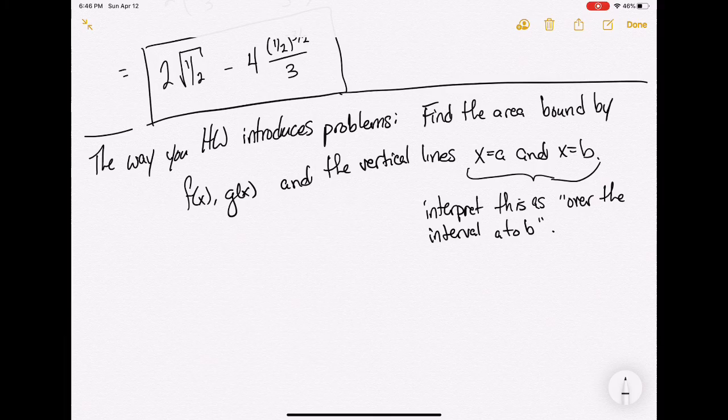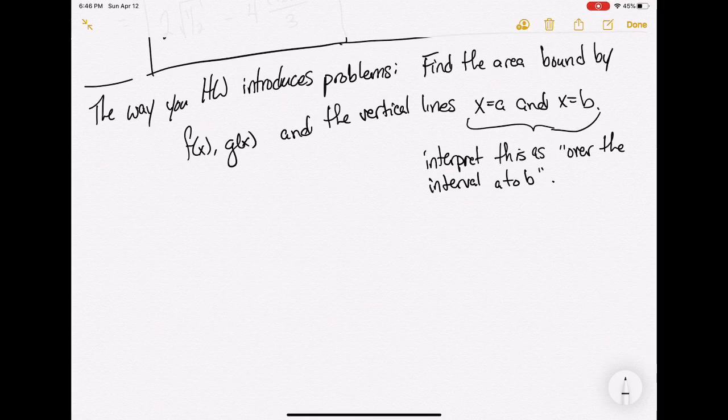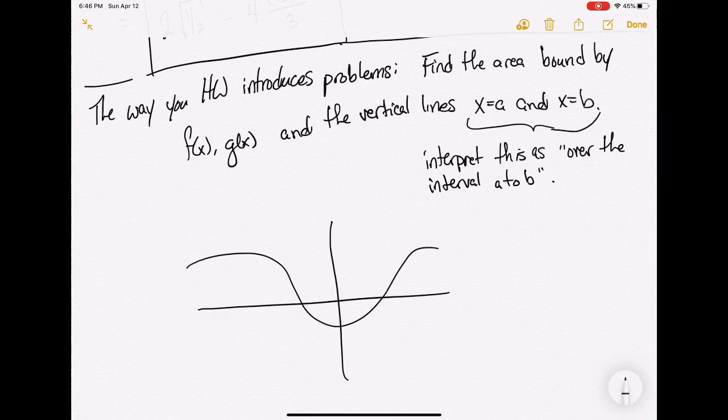It's the integral from the bottom x value to the top x value, but it just likes to talk about the vertical lines. And that's because sometimes maybe we have functions like this, f of x and g of x, and maybe this is a and maybe this is b.